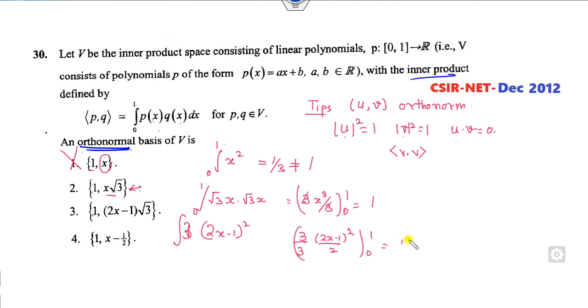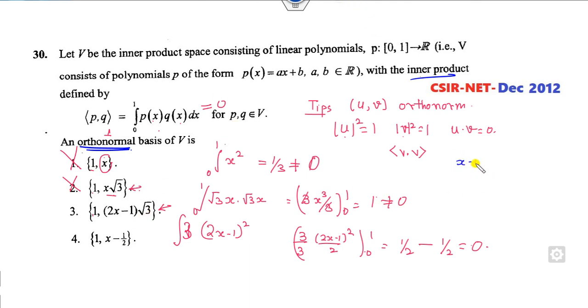If we substitute 1, it's half, minus, when you substitute here, it will be 0. Sorry, it's my mistake. It's orthogonal in an inner product space, so orthogonal means perpendicular. You have to prove it must be 0. So it is not 0, cancel out. It is 0, it may be the right answer, but let's check the last option also.